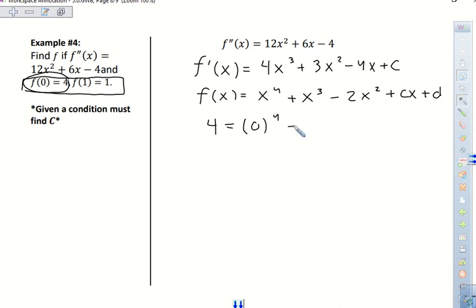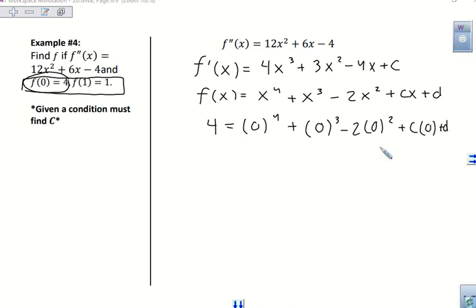So you're probably going to start seeing a lot of the ones with 0. Like you notice that most of the things just go away. So here we get d equals what? 4. Now that we know what d is, I can now plug all of this in with d as well, right?